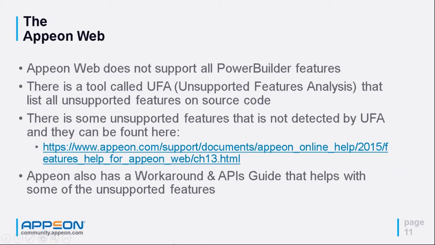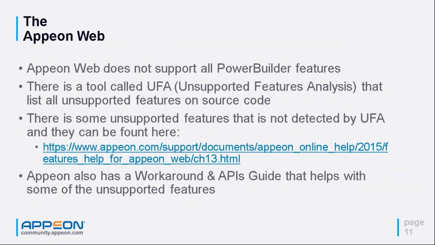The documentation of Appeon is large, and all the unsupported features are documented on the Appeon site. There are some unsupported features not detected by UFA because they are semantic differences, not syntactic ones. So not about what you have written, but what it means, like number calculations.